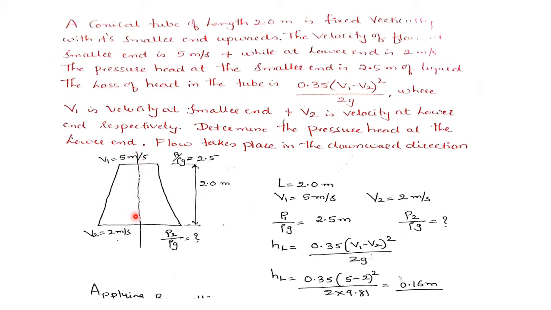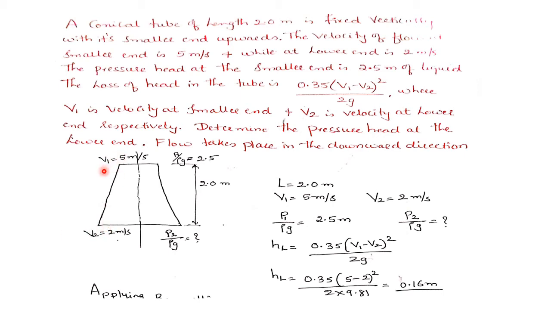Vertically means in a straight line, not inclined. If the smaller end is upwards, then the other end will be at the bottom. The velocity of flow at the smaller end is v1, because flow is taking place in this direction only. Let us consider this as section 1 and this as section 2.